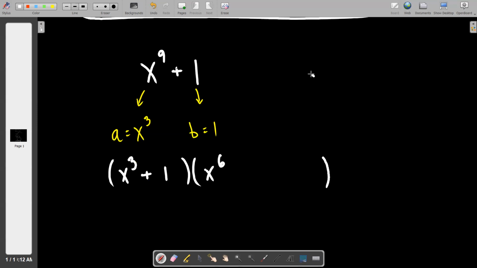When you take your A value, which is X to the third, and you square it, which is what we always do, 3 times 2 is 6. You guys, you had it surrounded. Some of you did 3 plus 2 to get 5, and some of you did 3 squared to get 9. But at the end of the day, remember, squaring means to double your exponent. So we get X to the 6th.